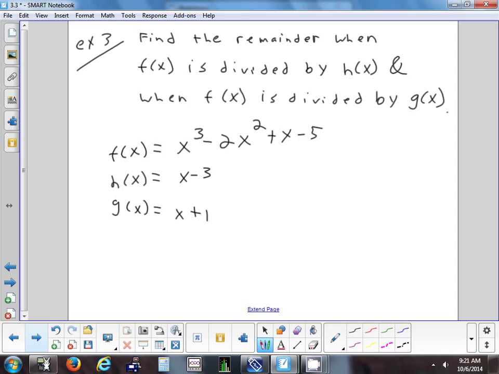All right, so this isn't that bad. We could do this long division out, but let's use the remainder theorem. For example 3, I just want to know the remainder when you divide f of x by h of x, and then when you divide f of x by g of x.